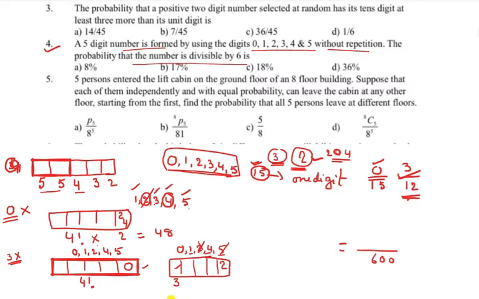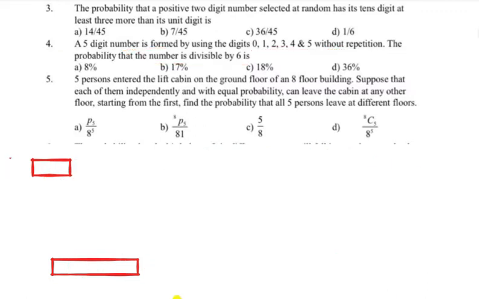Now how many numbers are there? The remaining three numbers can be arranged in three places in 3 factorial ways. So in this case we got 18. Similarly, if you fill 4 here, then also you will get 18. That's why total 48 in this case. Next 24 plus, and here we got 36. So these are the favorable cases, right?